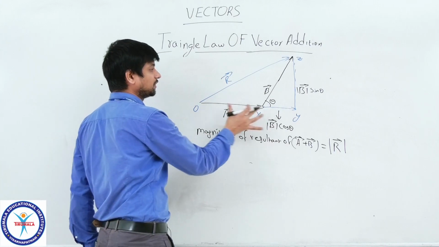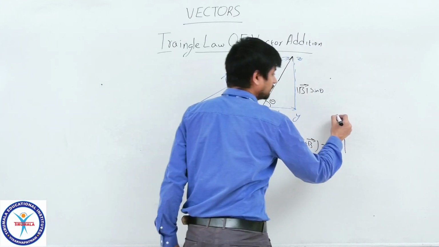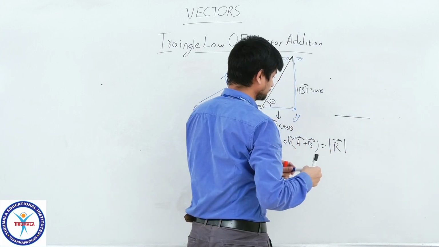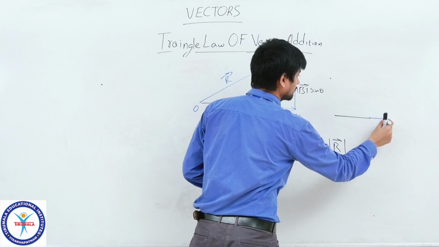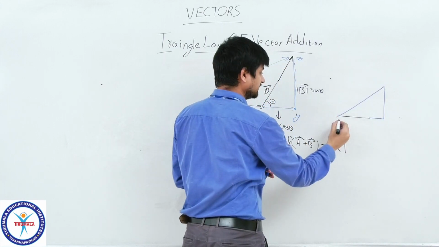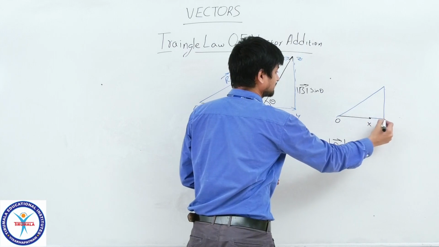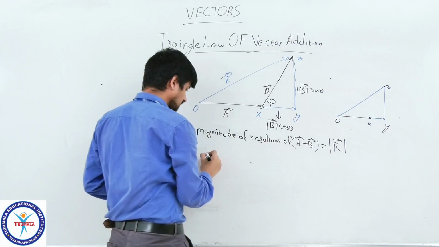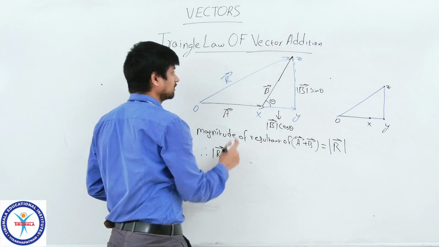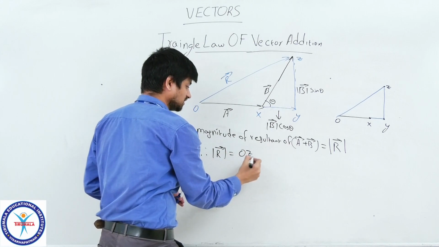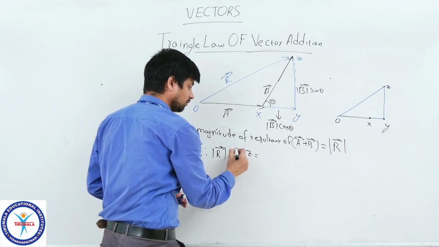Therefore, if you take the right angle shape, look at this right angle shape. Okay. So, this is O, X, Y, Z. Now, I want modulus r bar. So, this is OZ. Equal to what happens?